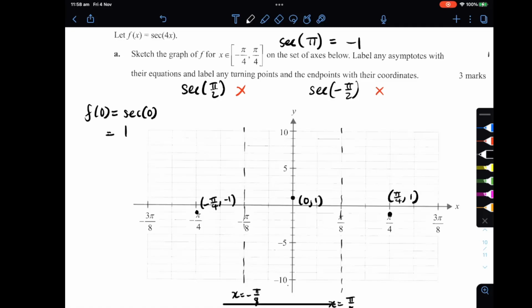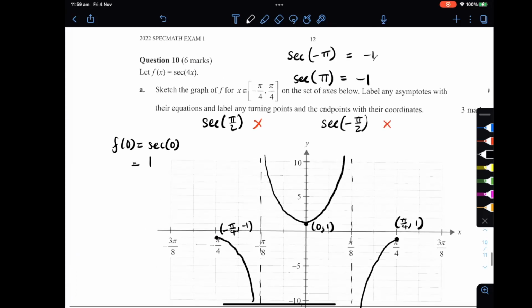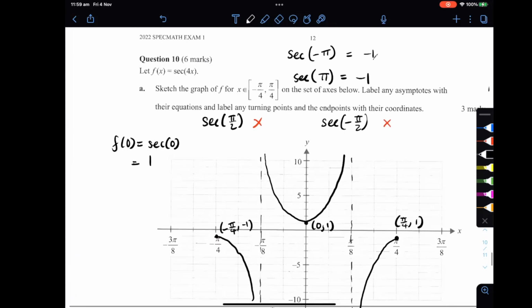Alright, so if we were to sketch this, the sketch looks something like this. That's what the secant graph will look like, I believe.